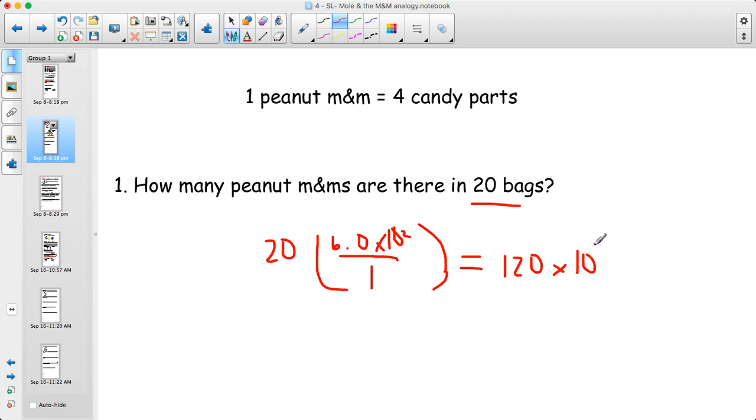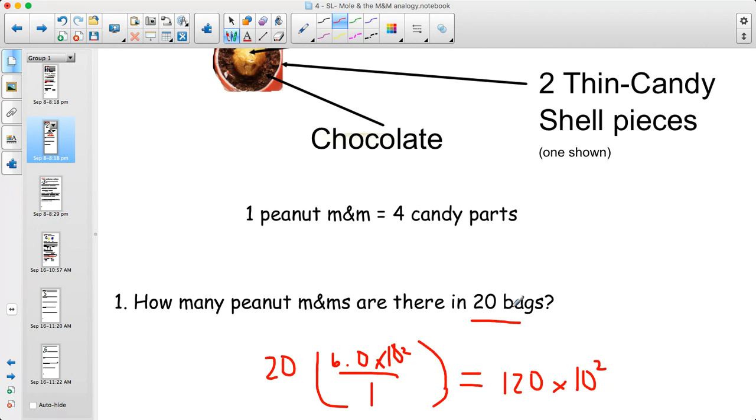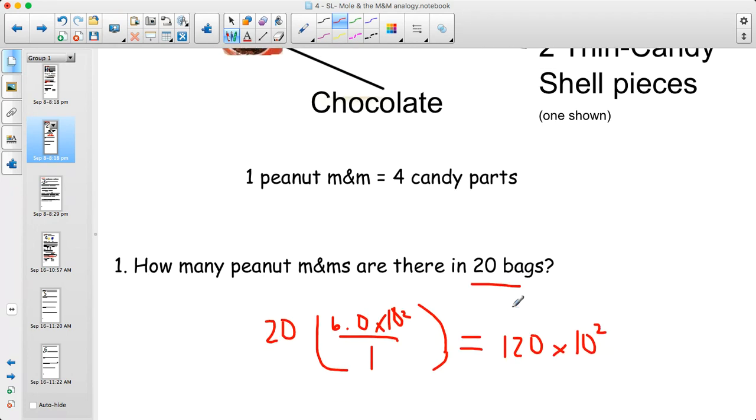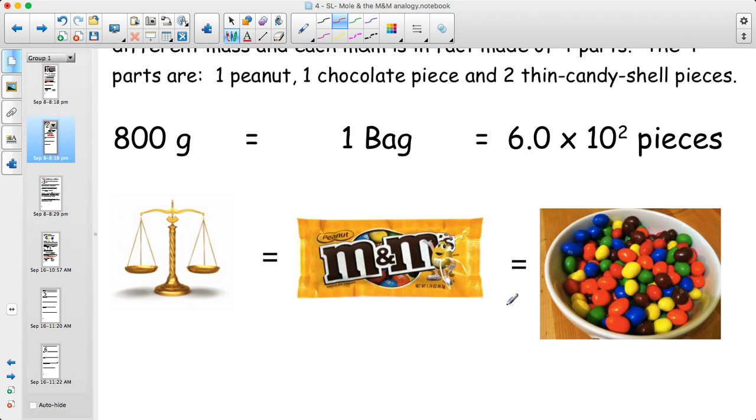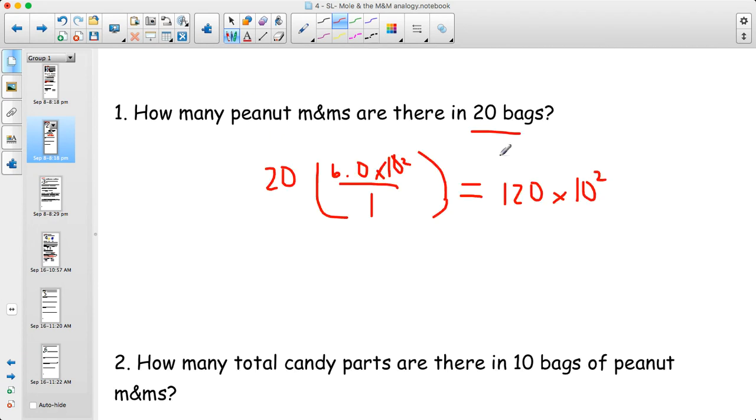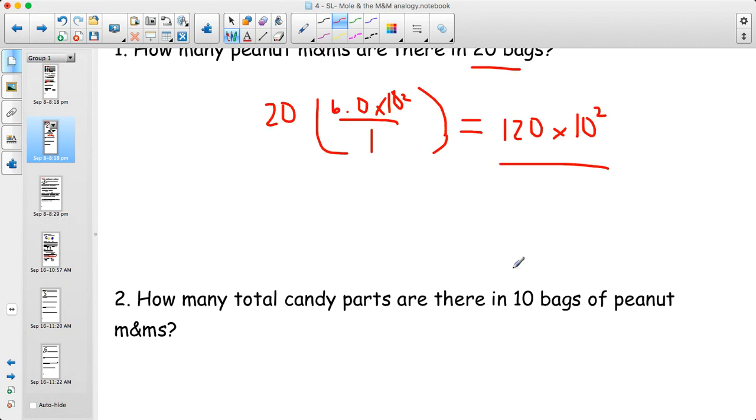And we could adjust to put it in proper scientific notation, 1.2 times 10 to the 4th. So it doesn't matter if it's peanut M&Ms or regular M&Ms. If every bag of candy always holds the same number of pieces, then this conversion is the same for any type of candy. 20 bags times 6 times 10 to the second is the number of pieces per bag, and you get the number of pieces total.